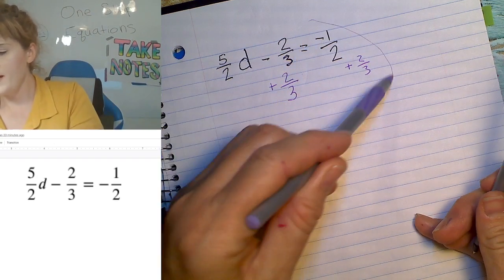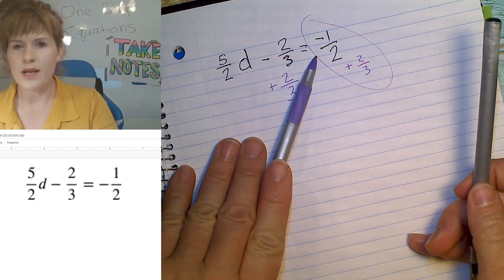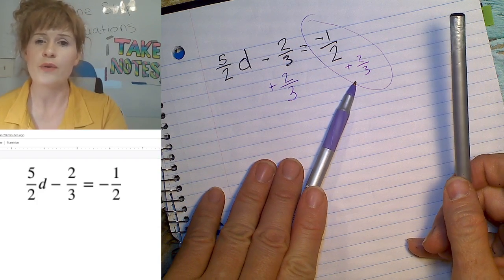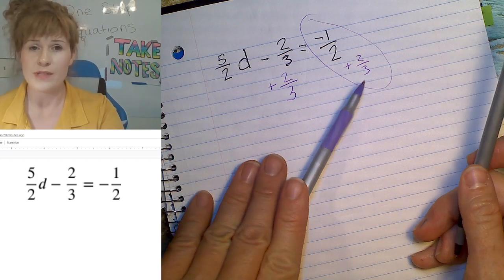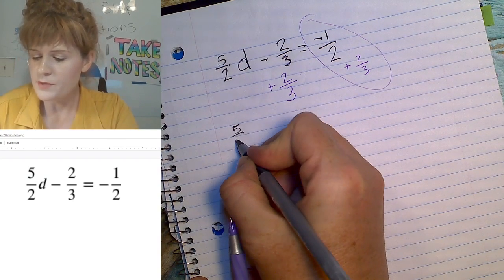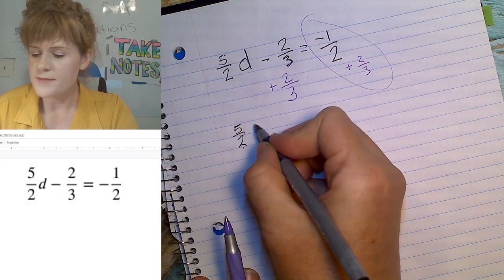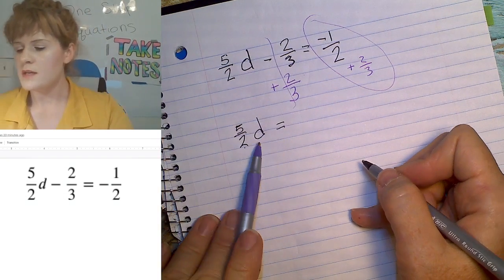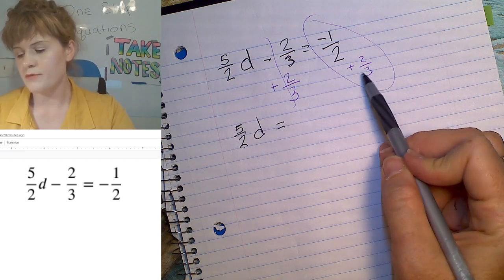Notice right off the bat that I have -1/2 plus 2/3. I'm going to have to do something about those denominators in order to add those fractions. But anyway, I'm left with 5/2 times D, because these cancel out, equals -1/2 plus 2/3.